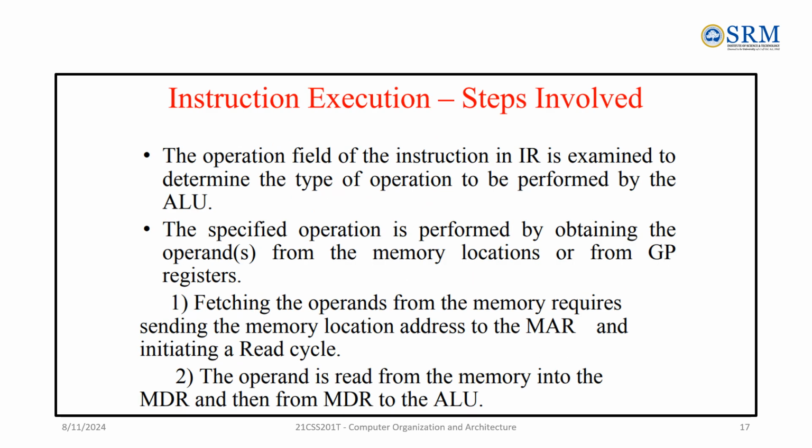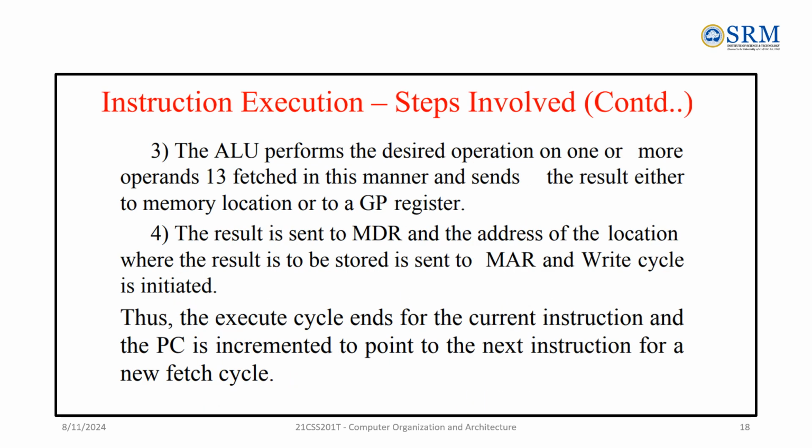The operation field of the IR is examined to determine the type of operation. Fetching the operands from the memory requires sending the memory location address to MAR and initiating a read cycle. The operand is read from the memory into MDR and then from MDR to the ALU.